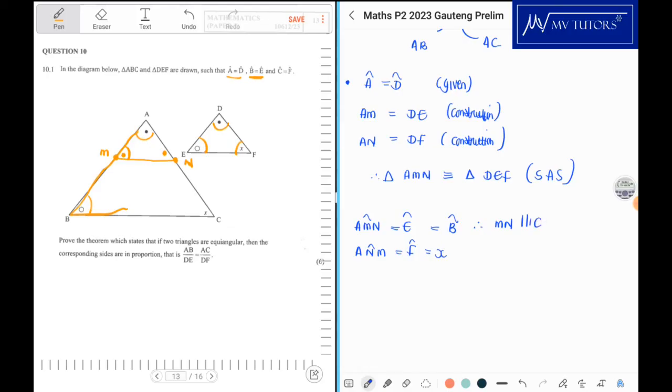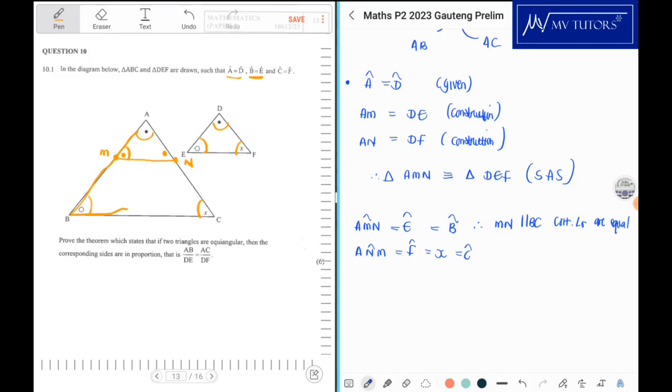Okay, and that's because we have corresponding angles that are equal. All right. And same thing, N is equal to X, which is equal to F, which is equal to C. Okay, same story. Where you have MN parallel to BC and you have corresponding angles and so on.